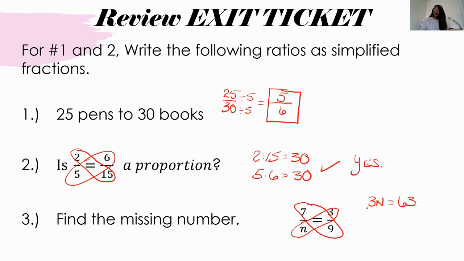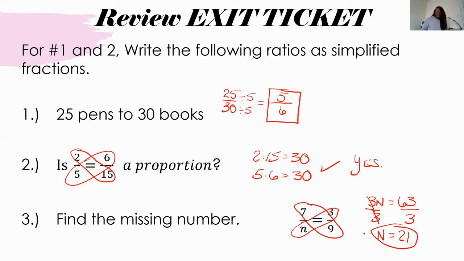So if I do the inverse of multiplication, which is division, I'm going to divide both sides by 3. 3 divided by 3 gives me 1n, or just n, and 63 divided by 3 gives me 21. So the missing number is 21.